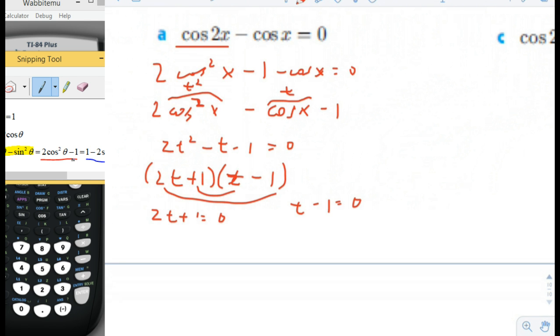Now we have 2 cosine x plus 1 equals 0, and we have cosine x minus 1 equals 0. And so we're going to have cosine of x equals 1, and then cosine of x equals negative 1/2. And I just did a couple algebra steps there in my head.